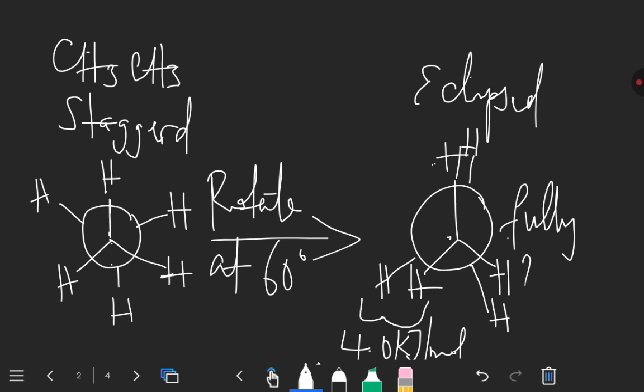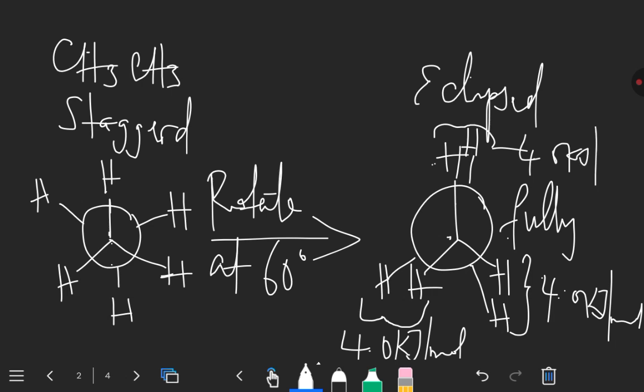And here, due to this steric hindrance, there is 4.0 kilojoules per mole, and also the energy which is here is 4.0 kilojoules per mole. And I should mention that for the eclipse conformer, when you add the total energy, it is 12.0 kilojoules.